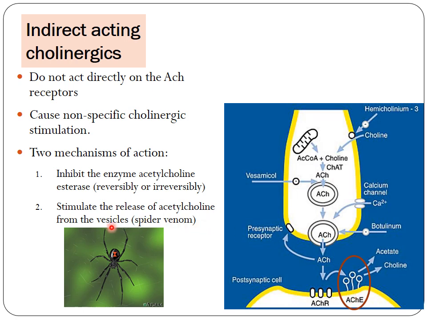For example, we have a kind of spider, called black widow spider, that stimulates release of acetylcholine and causes excessive stimulation of the parasympathetic and might be fatal, causing death of the patient. But the most important to us are the inhibitors of choline esterase enzyme.